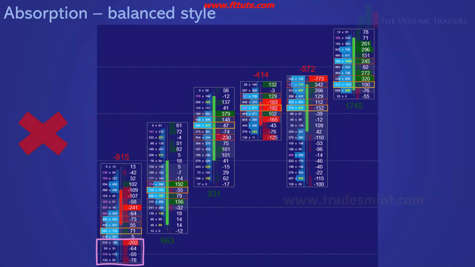So, back again to this scenario. We see nice stacked negative delta on the wick. But for a buy setup, there needs to be a positive imbalance. And here we have a negative imbalance. So, in easy words, what I'm thinking about right now is that nothing should make any difficulties for buyers.